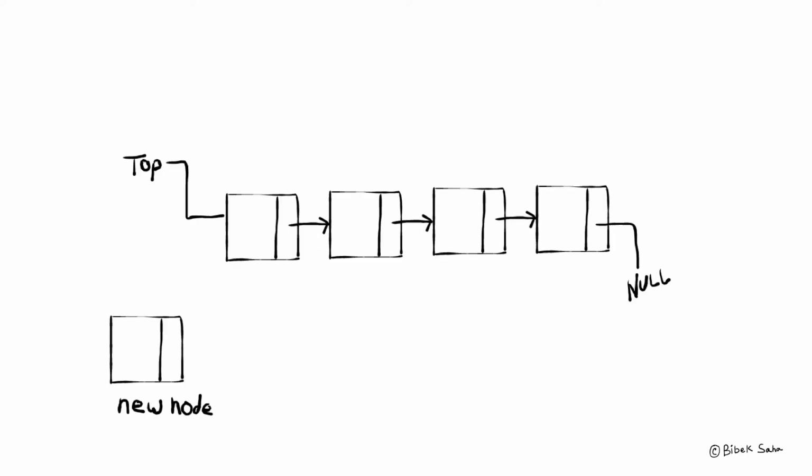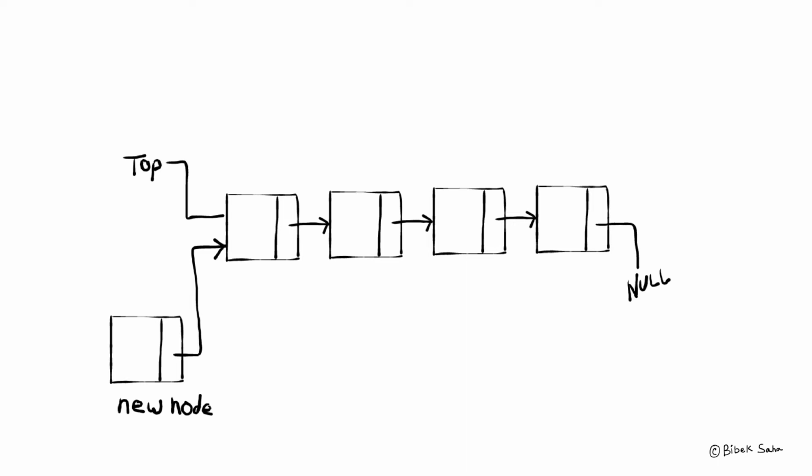So let's see how the push operation happens. The first step of the push operation is to create a new node. When a new node is created, it requires the data which will be passed down from the push method during the initialization, and the next portion would be null. Then the new node's next portion would be set to contain the reference which the top is currently referencing.